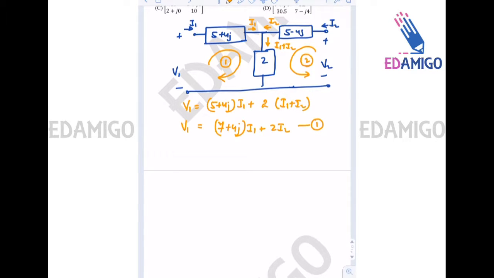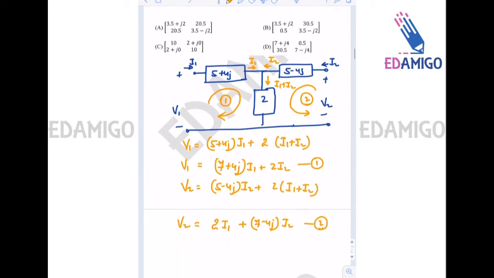Now in loop number 2 we get V2 is equal to (5 minus 4j) I2 plus 2 times (I1 plus I2). This gives 2 I1 plus (7 minus 4j) I2, that is V2. This is equation number 2.